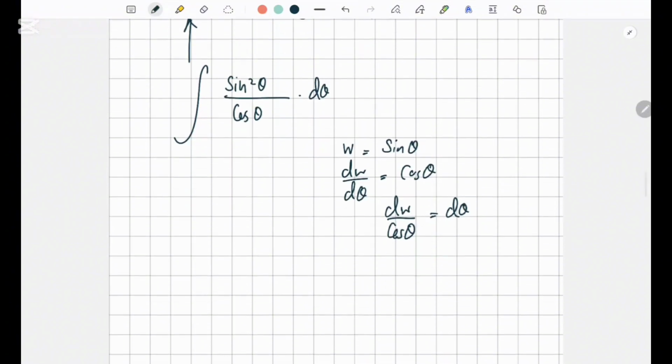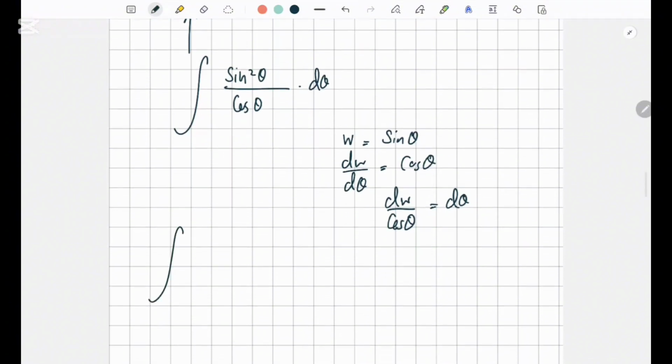So now instead of sine squared theta, you could write w squared over cos theta, dot dθ. Instead of dθ, I'm going to write dw over cos theta. So it's going to be cos squared theta, right?